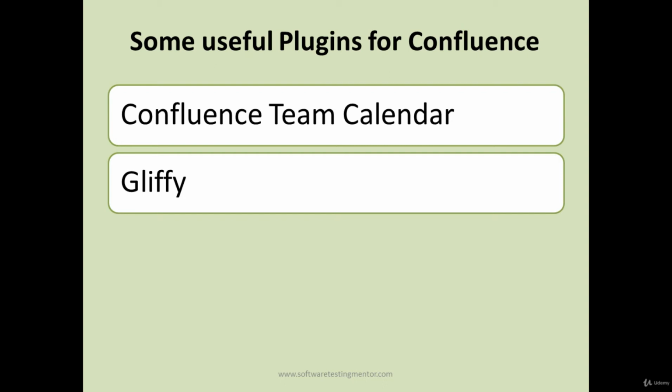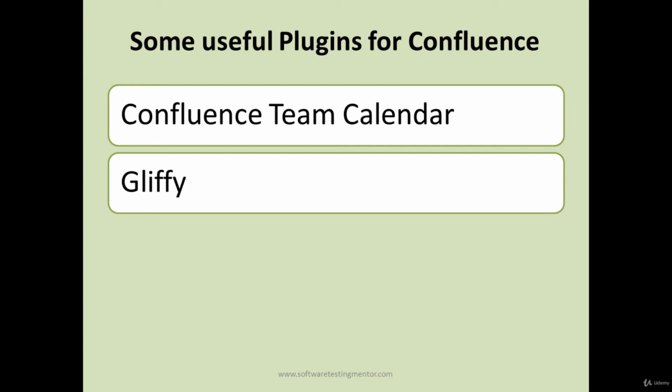The other very important plugin is Gliffy. Gliffy is a web-based diagram editor. You can access Gliffy directly in your browser, and it allows you to create different diagrams, for example, flow charts, network diagrams, UML diagrams or wireframes.